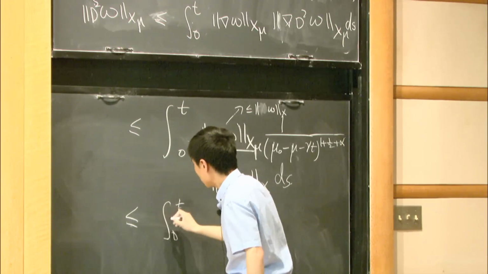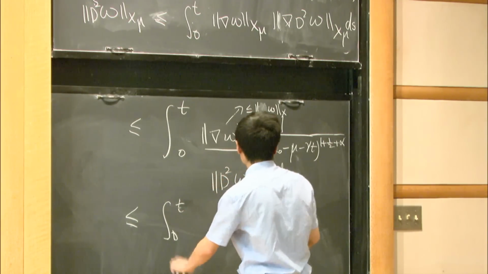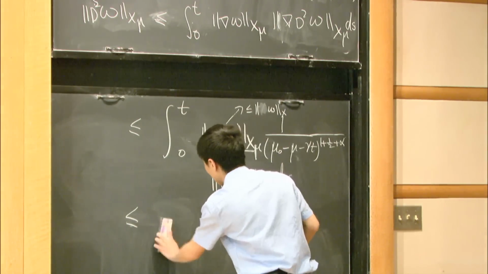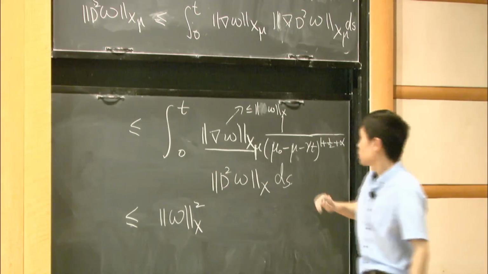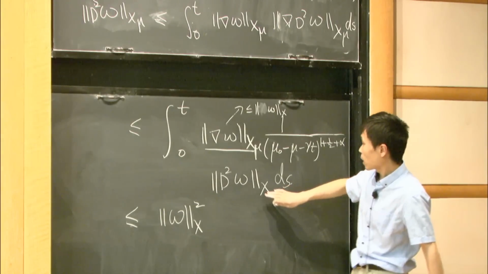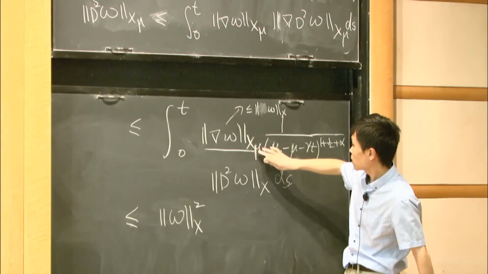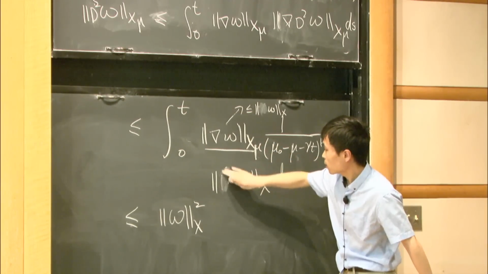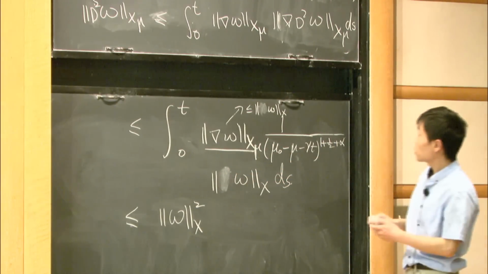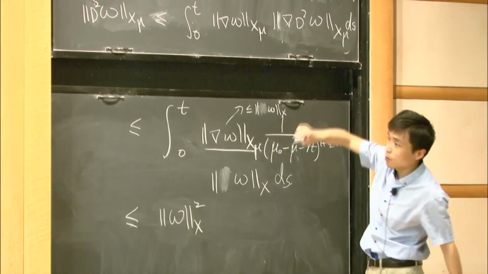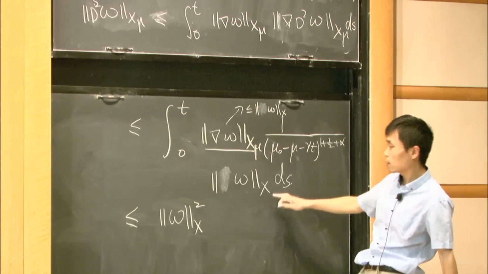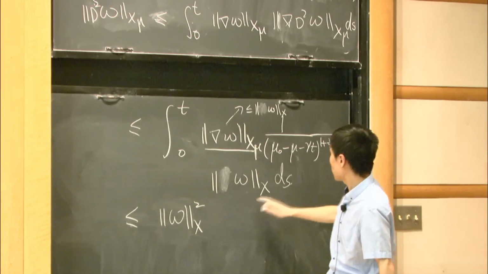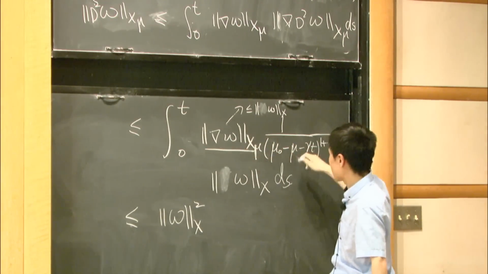So it's less than the integral from 0 to t of the X norm squared. There's no derivative here, because the derivative is already included in the X norm. So there's omega in the X norm squared, and then you integrate just this power.